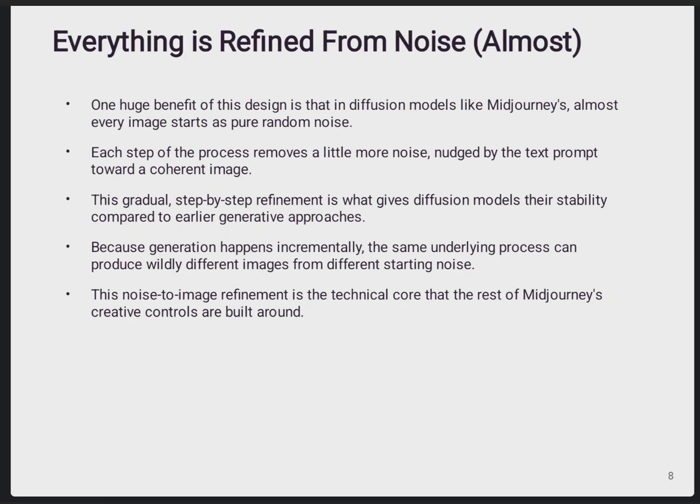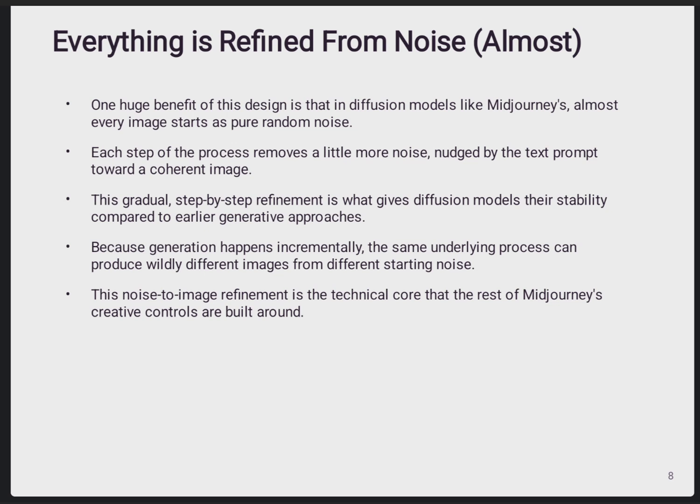Everything is refined from noise. One huge benefit of this design is that in diffusion models like Midjourney's, almost every image starts as pure random noise. Each step of the process removes a little more noise, nudged by the prompt toward a coherent image.